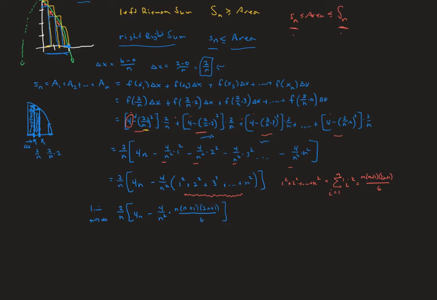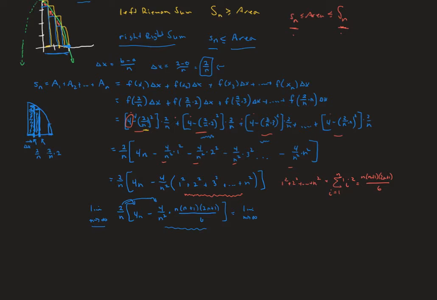So once we take this limit as n goes to infinity, we get to do what I like to call fuzzy math. I'm going to distribute this 2 over n to that term, and then everything in here is just a single term, so I'm going to multiply it there. This is going to look like the limit as n goes to infinity of 2 over n times 4n.